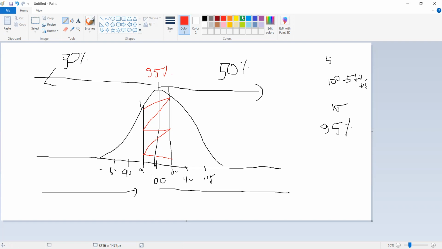So tell me how much this green part will be. You don't know what is half of 95%?